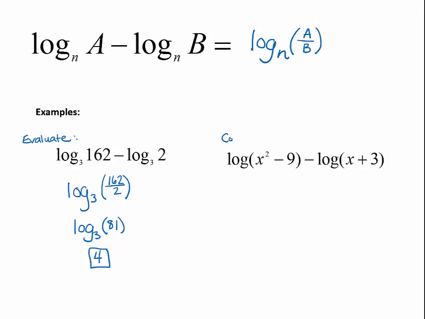The next example, we're going to combine, because just like in our previous property, we had variables in the arguments, so we can't actually find values here, but we can combine. These are both log base 10, which I don't need to write down, so I'm just going to write log. And this is going to be x squared minus 9 over x plus 3. Now, I can actually do some division here since x squared minus 9 is factorable, and it factors into x minus 3 times x plus 3.